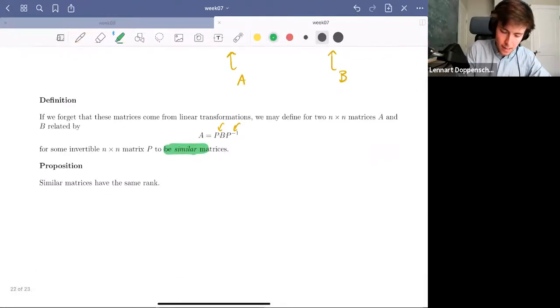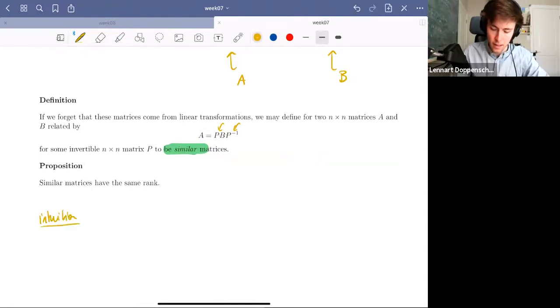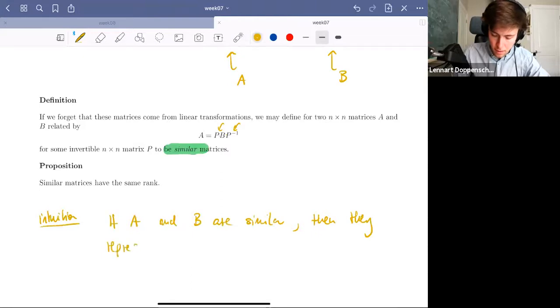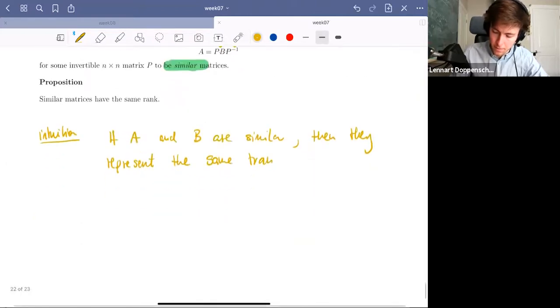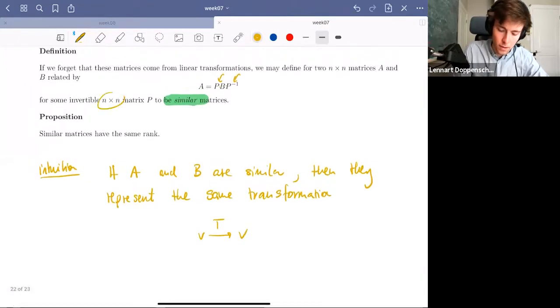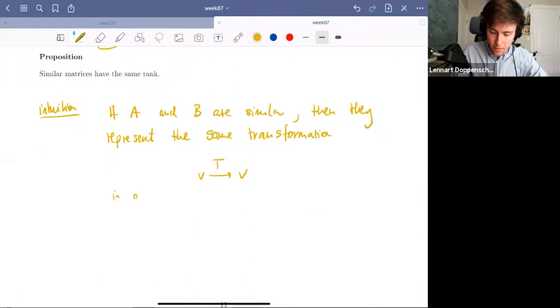And the intuition is that if A and B are similar, then they represent the same transformation going from V to V. And here we assume that they're square matrices in different bases, alpha and beta.